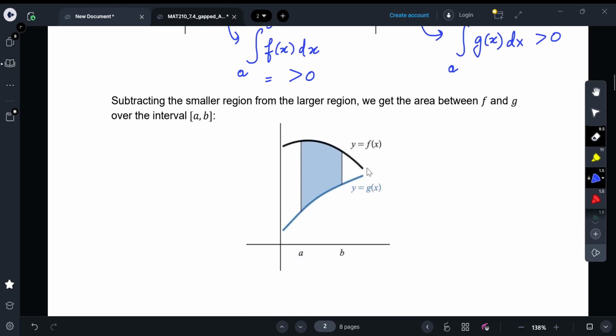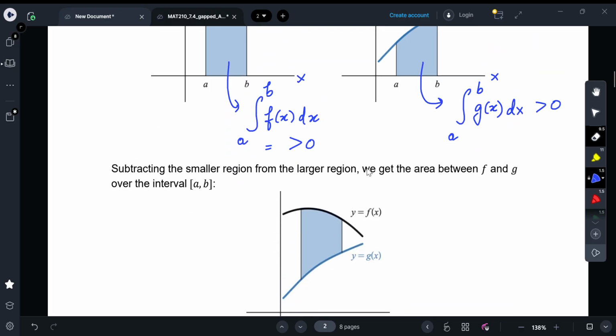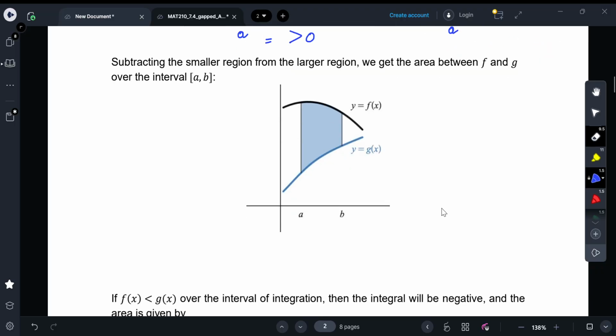So what happens if I combine these two functions in this graph, and now I want to find this area in the middle, highlighted? If I want to use integrals, what I could do is take the entire area all the way, and subtract this part, the red part, and I would get the remaining area. But how do I write that using integrals?